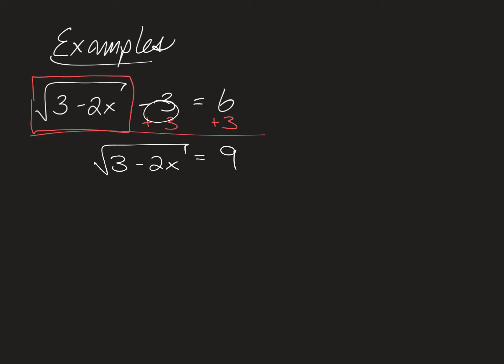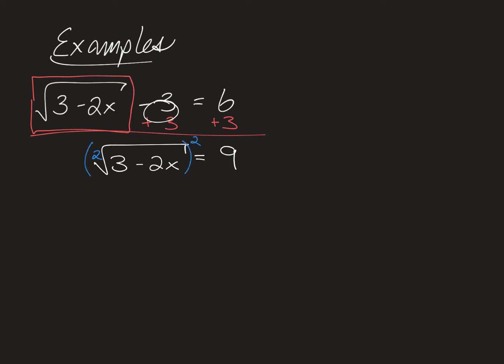Now that we've isolated the radical, or in this case the square root, we need to raise both sides to a power. Now, it's very easy to know which power to raise to. This is a square root, which means technically there's a 2 here, and to get rid of that, you probably understand the opposite of square rooting something is squaring something.